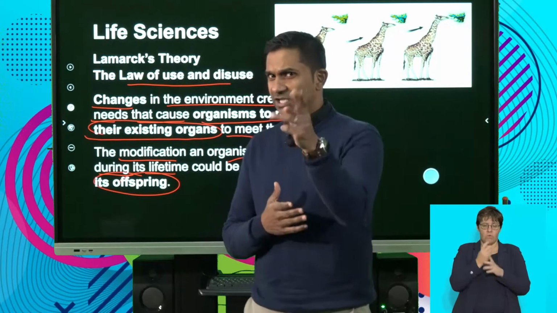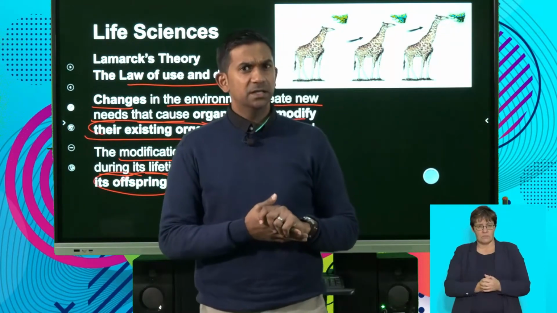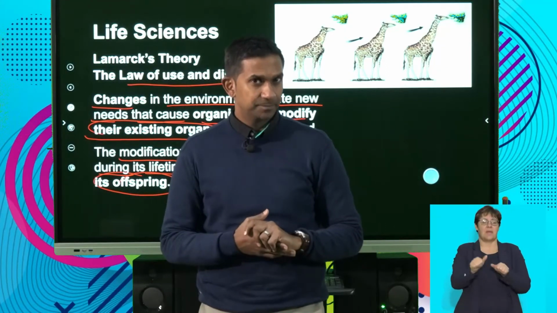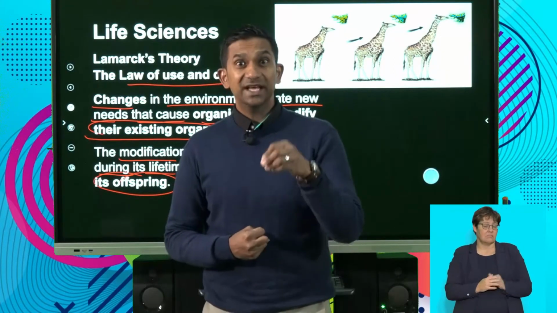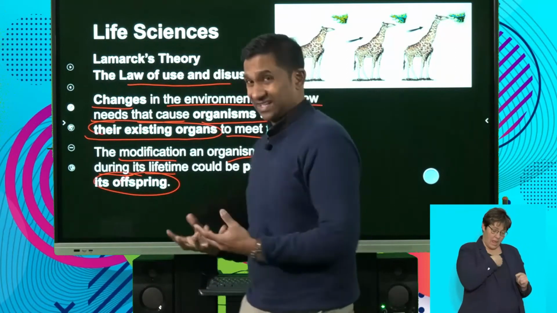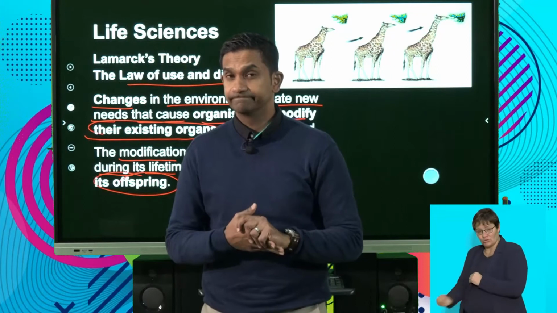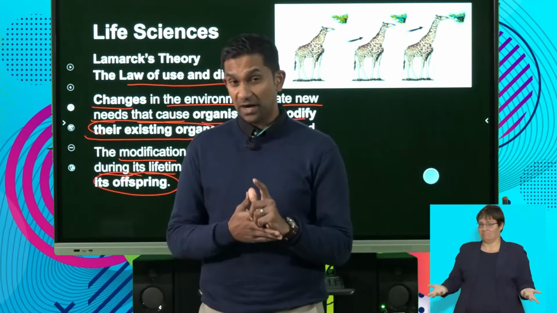And guys, I challenge you to do that. If you were using something constantly, yes, it does become better. But the question is, will that characteristic that you acquire be passed on to the next generation? Very unlikely. Why?